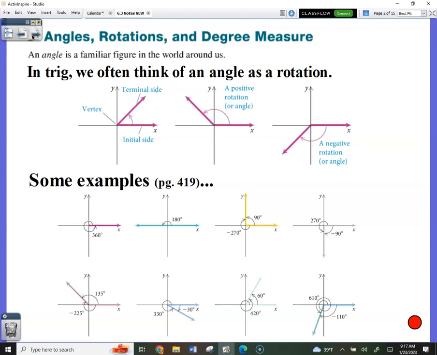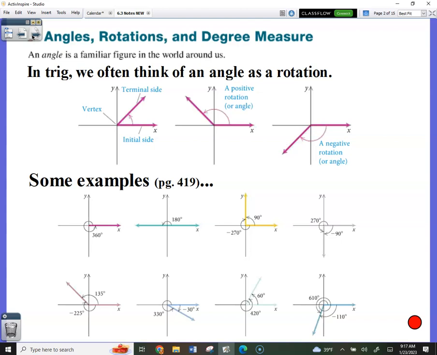I now want you to think of it as a verb, actually rotating. The reason is that now we're getting into positive or negative angles, which means you're rotating in one direction, or if it's negative, you're rotating in the other direction, and that matters.